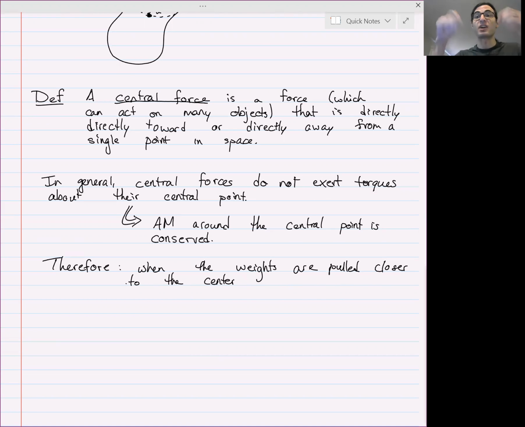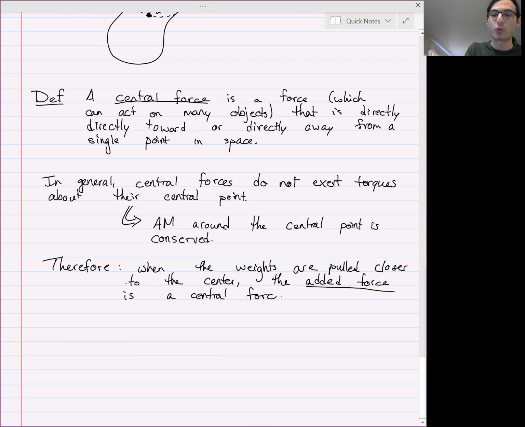I pulled them to the center, to the axis that I was rotating around. When the weights are pulled closer to the center, the added force that I apply is a central force, i.e. it's pulled towards the center of rotation, towards the axis of rotation. And so this provides no torque, which leaves angular momentum unchanged.